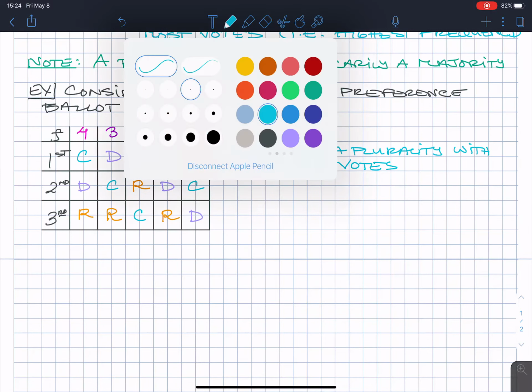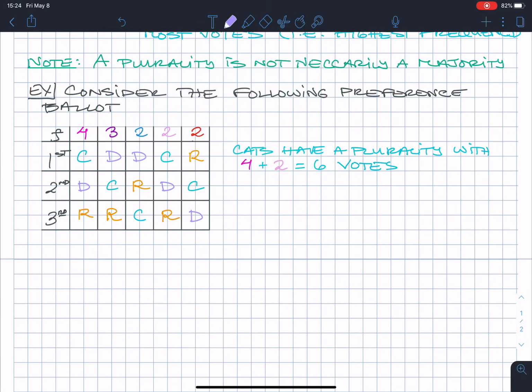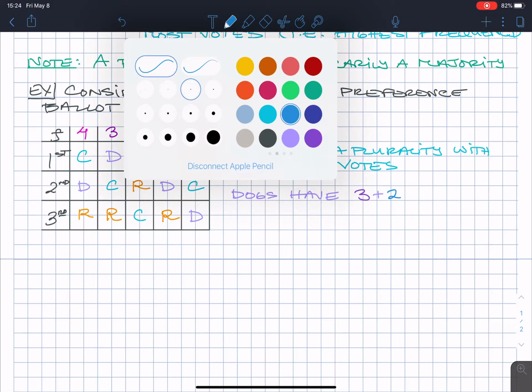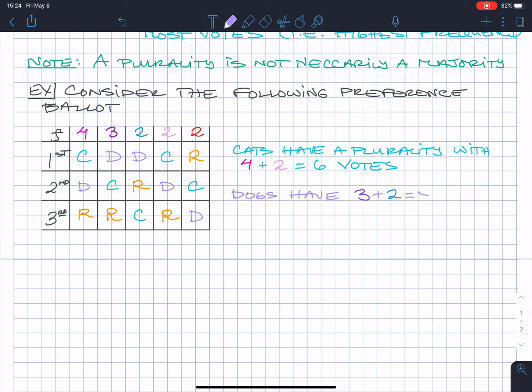And then who's next? Dogs have 3 plus 2 equals 5 votes. Number one votes, that is.